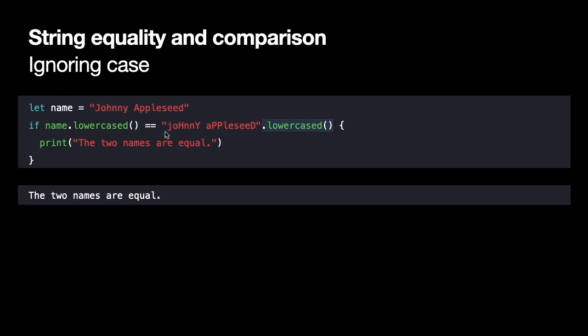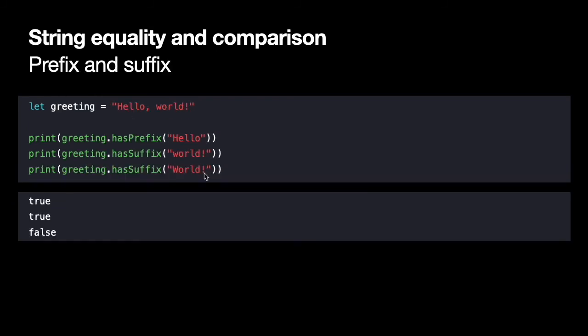In this case, the compiler knows that the string literal Johnny Appleseed is a string, so it will execute the lowercase method on it, resulting in Johnny Appleseed lowercase, and then the equal to comparison operator will compare the lowercase name with the lowercase string literal, and in this case that will result in a value of true, and then we will print out the two names are equal.